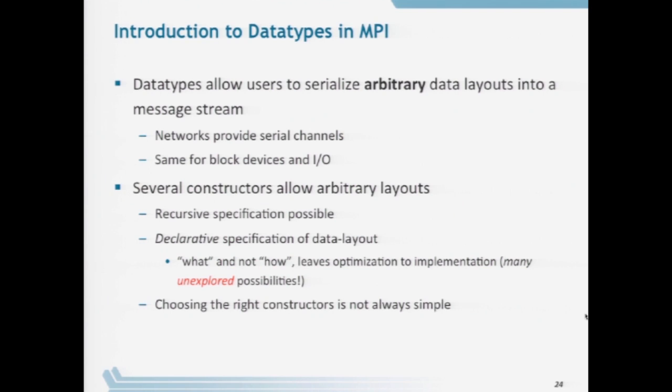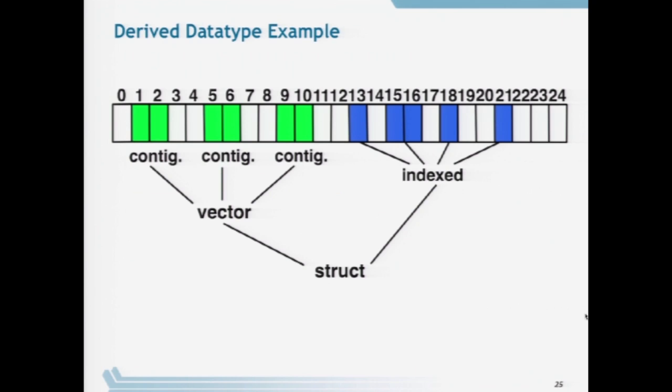Over time, various people have built tools that will take, for example, a declaration of a C structure and generate the MPI calls to create the data type corresponding to that. So for example, because these things can be set up recursively, I can build a data type out of a number of different types. So what do we got here? Well, this type is an index type, and basically is an array of offsets.